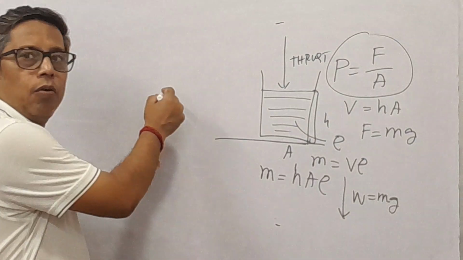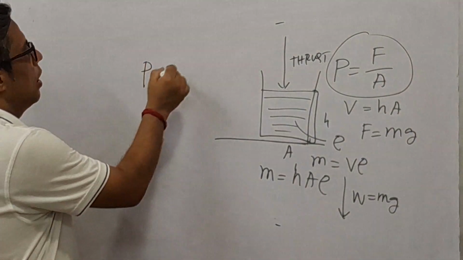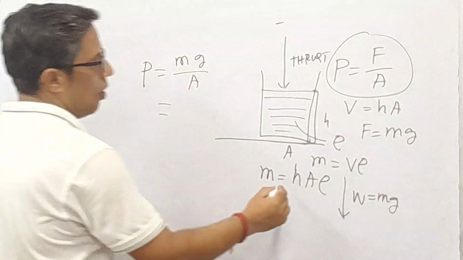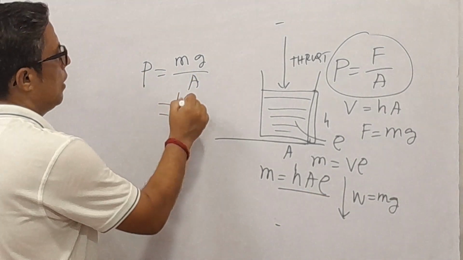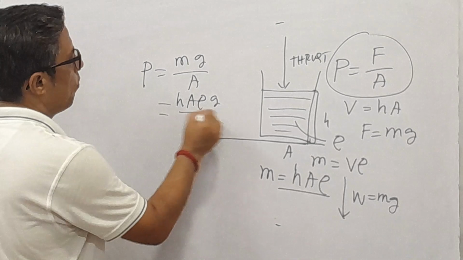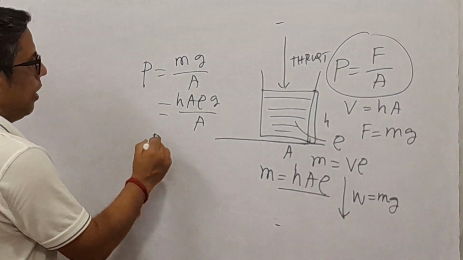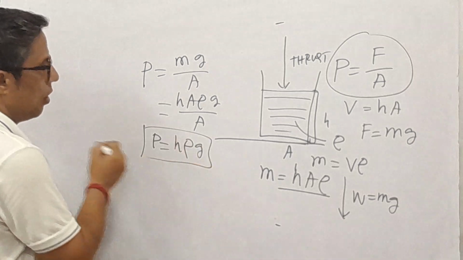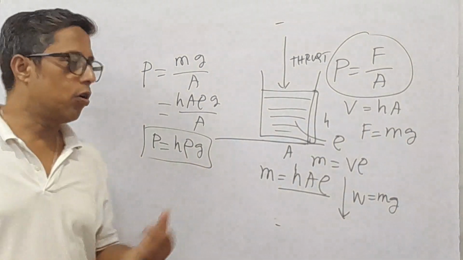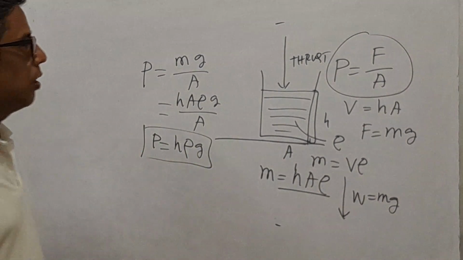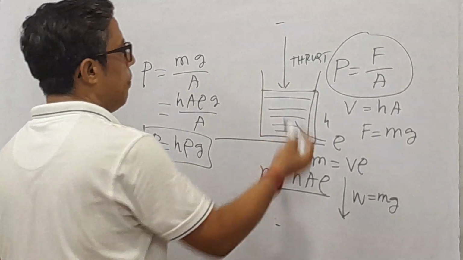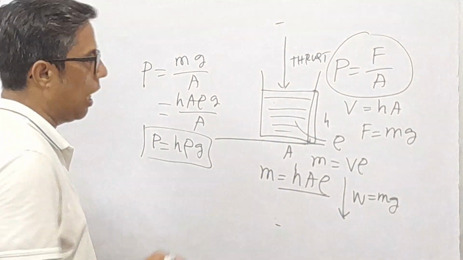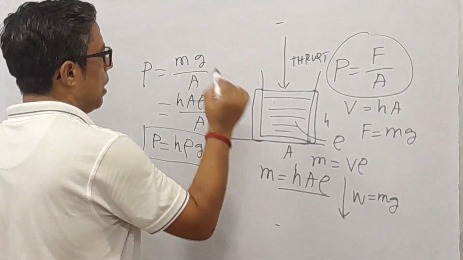So pressure P will be mg by A, and m is h A rho, so P is h A rho g by A. So P is equal to h rho g, right? This is the expression for liquid pressure. So liquid pressure in a container depends on the density of the liquid, acceleration due to gravity, and the height of the liquid.